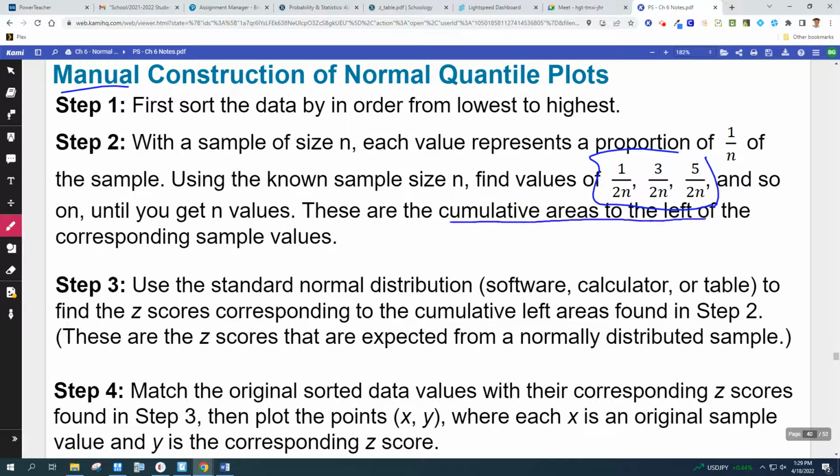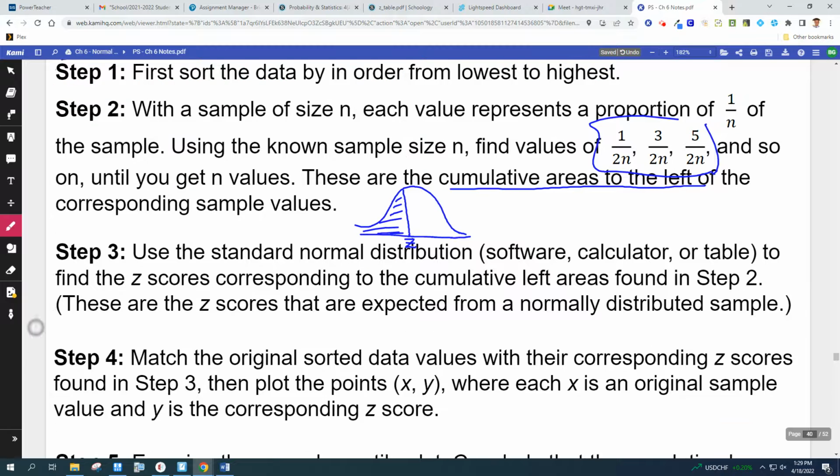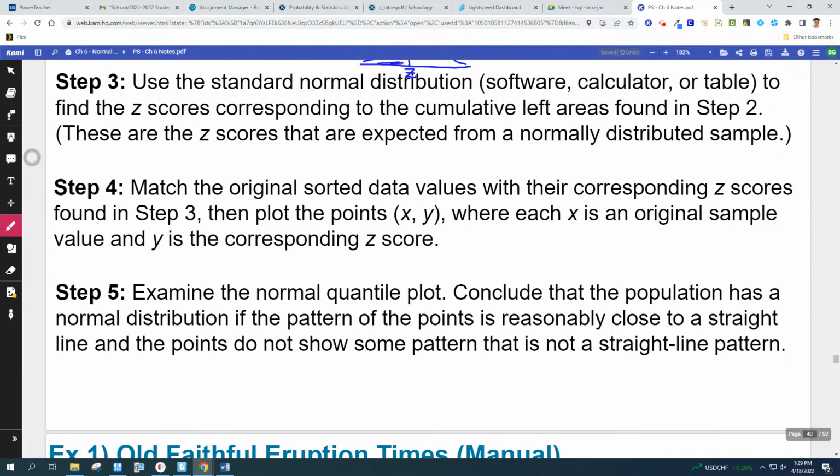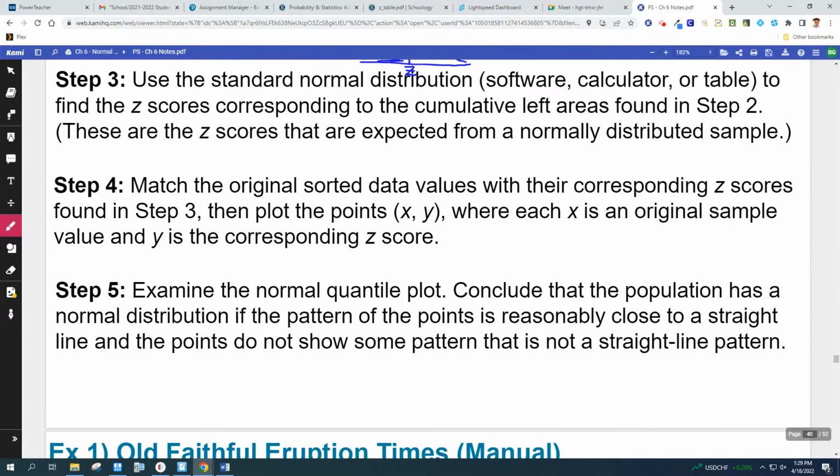Cumulative areas to the left should sound familiar because that's what we've been doing in the z-table. Cumulative area to the left is exactly what we have when we look at these z-scores in the table. So they're giving us the area. We will have to find the z-scores. Step 3, use the standard normal distribution software, calculator, or table to find the z-score corresponding to the cumulative left areas found in step 2.